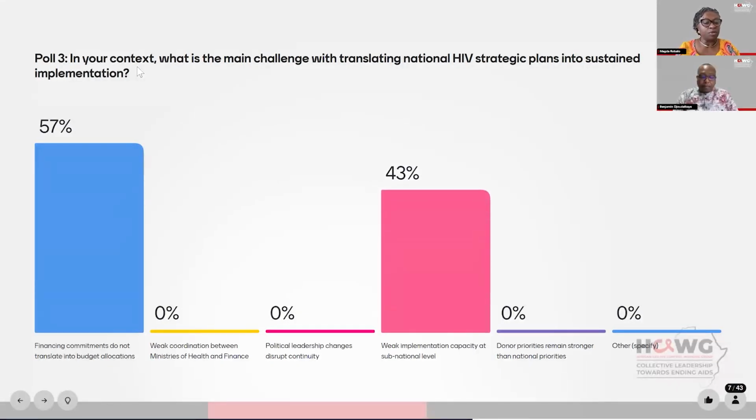Financing commitments do not translate into budget allocations as one of the main challenges with translating national HIV strategic plans into sustained implementation. Second to that is weak implementation capacity at subnational level.